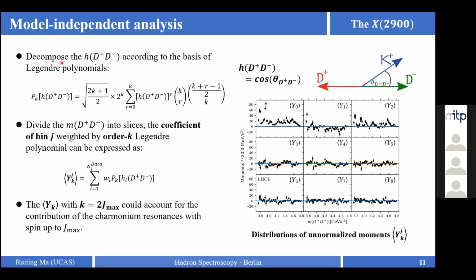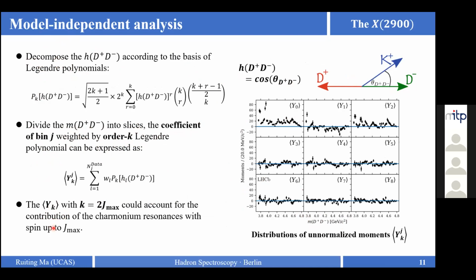We first decompose the helicity angle of the D+D− according to the basis of the Legendre polynomial, and then divide the mass spectrum of the D+D− into slices. Here, the coefficient of bin J weighted by order K Legendre polynomial can be expressed here.